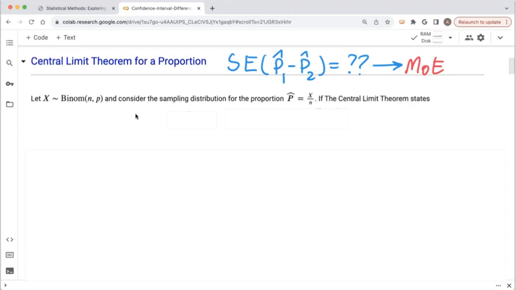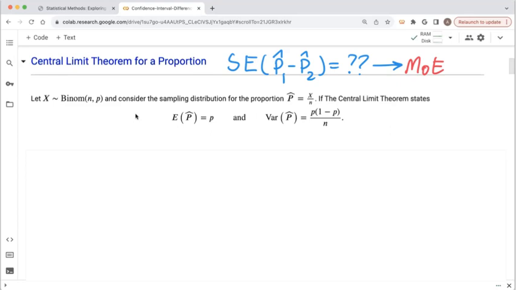If X is a binomial random variable with n trials, each with success probability p, then for the sampling distribution of the proportion p hat, which is the number of successes X divided by the number of trials n, the expected value equals the population proportion, and the variance of this sampling distribution is equal to p times 1 minus p, all over n. This comes from facts that we discussed about binomial distributions.